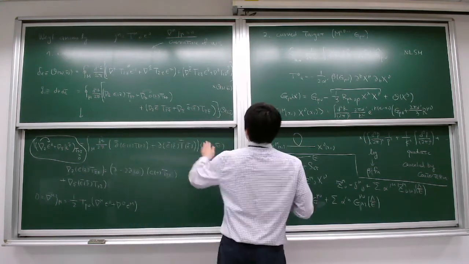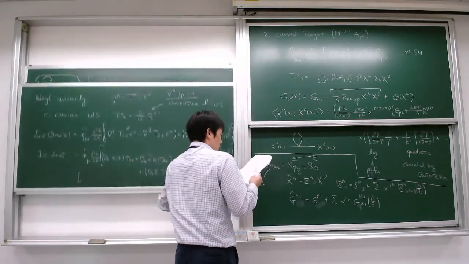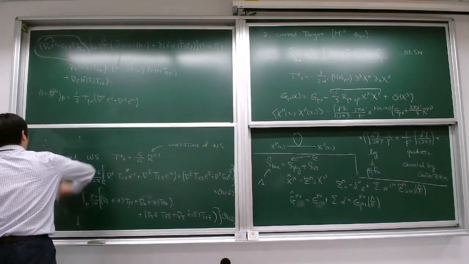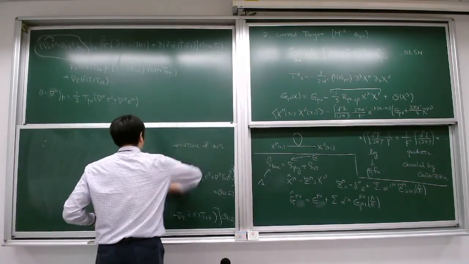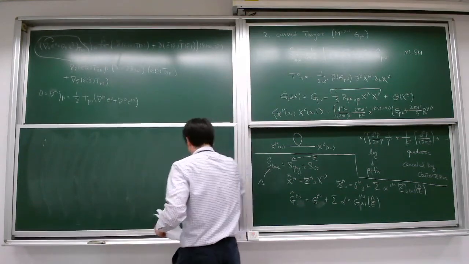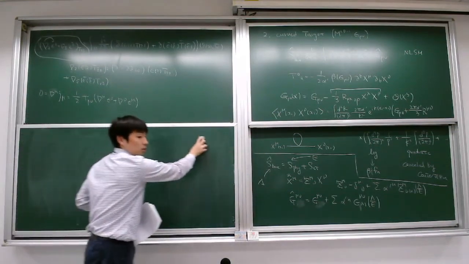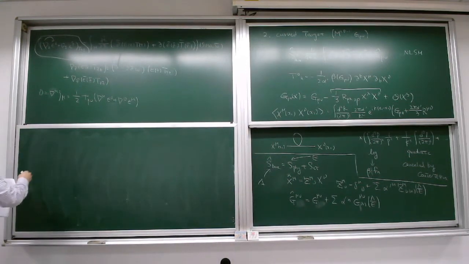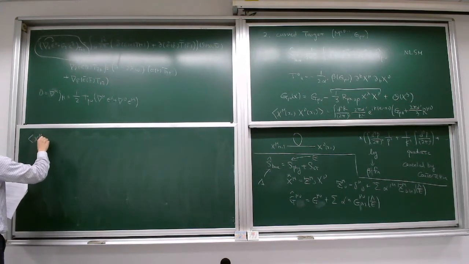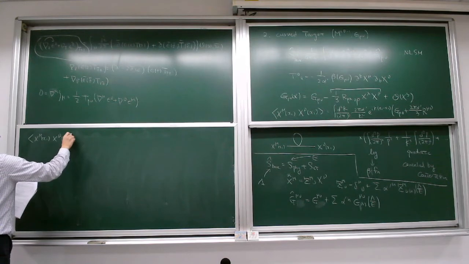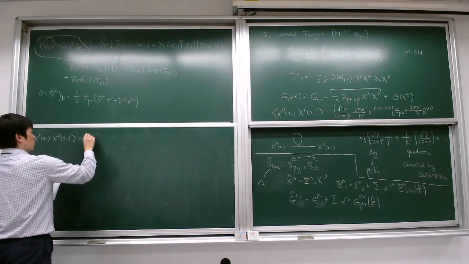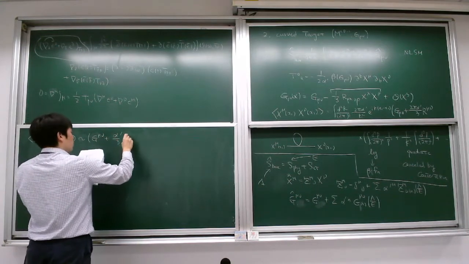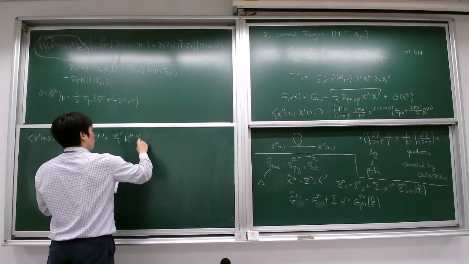Then this two-point function can be written in terms of one loop corrections, and also there's some contribution coming from the counterterm.